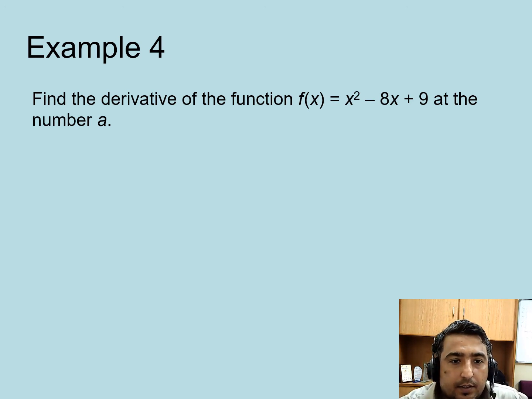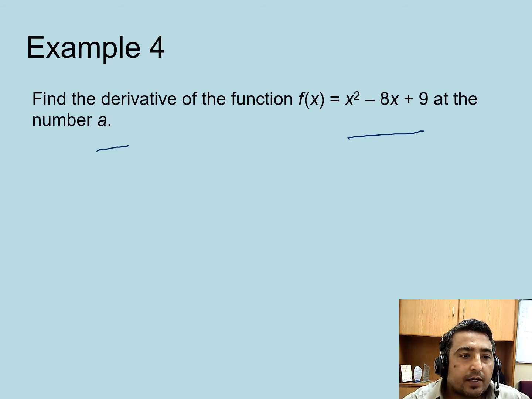Now look at this exercise as an example problem. f(x) = x squared minus 8x plus 9. We have to find the derivative at number a, or x is equal to a. So the definition is, we have already seen the formula.